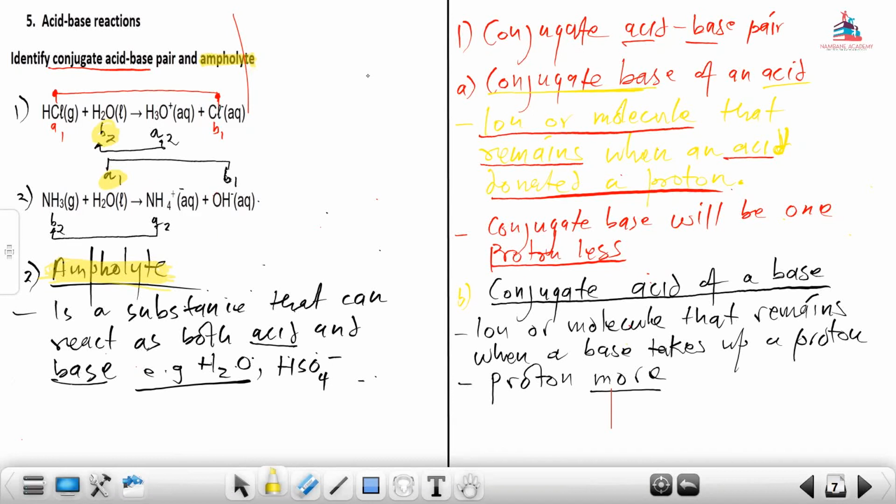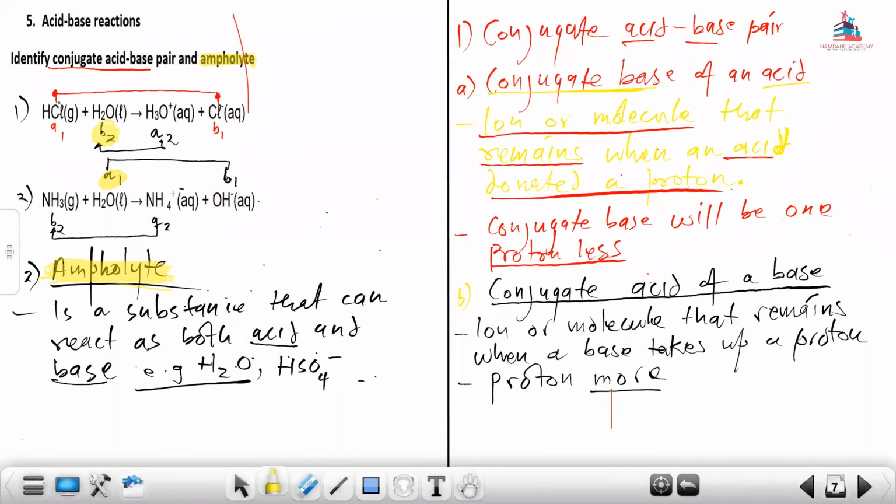Let's look into the first reaction, and we are going to try and explain the two. Now, in the first reaction, you have HCl and H2O. And the definition of a conjugate base of an acid says it must be an ion or a molecule that remains. So what do we know? We know that an acid must donate a proton.